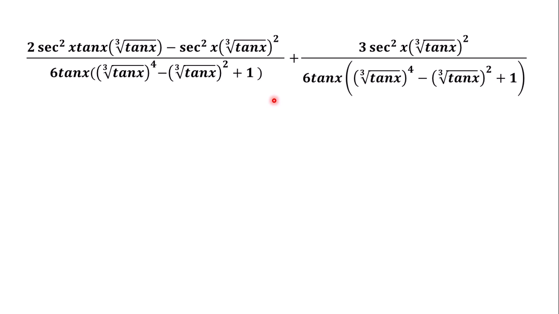All right, now what is here is the same thing as what is here.